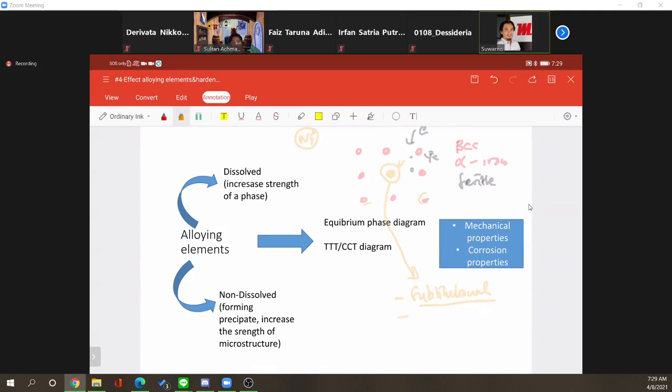So basically a random situation. That's why we say it dissolves randomly, and we call it a solid solution. Solid solution is still alpha with nickel as alloying element.